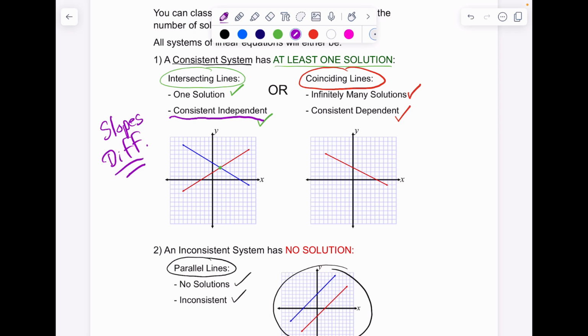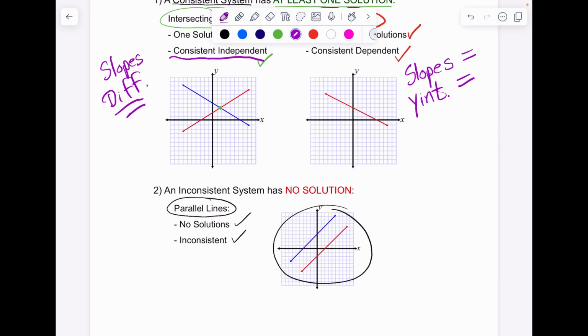If you have different slopes, you're going to have one solution. They're going to intersect somewhere. If you have coinciding lines, that means that the slopes are equal and also the y-intercepts are equal. So coinciding lines have the exact same slope and the exact same y-intercept. They're the same exact line.